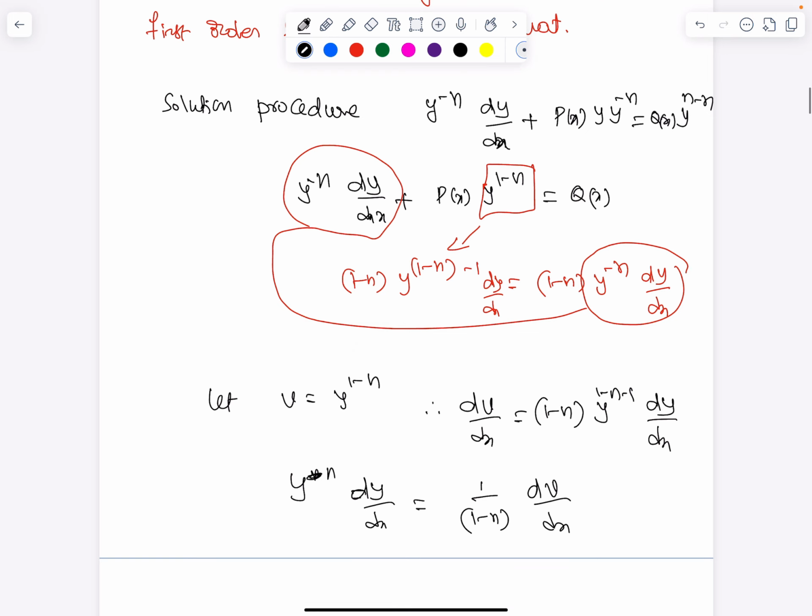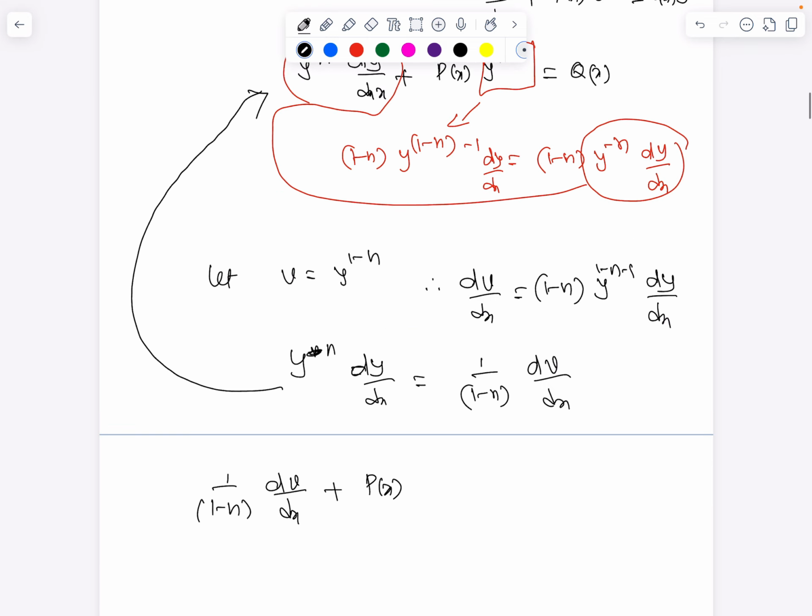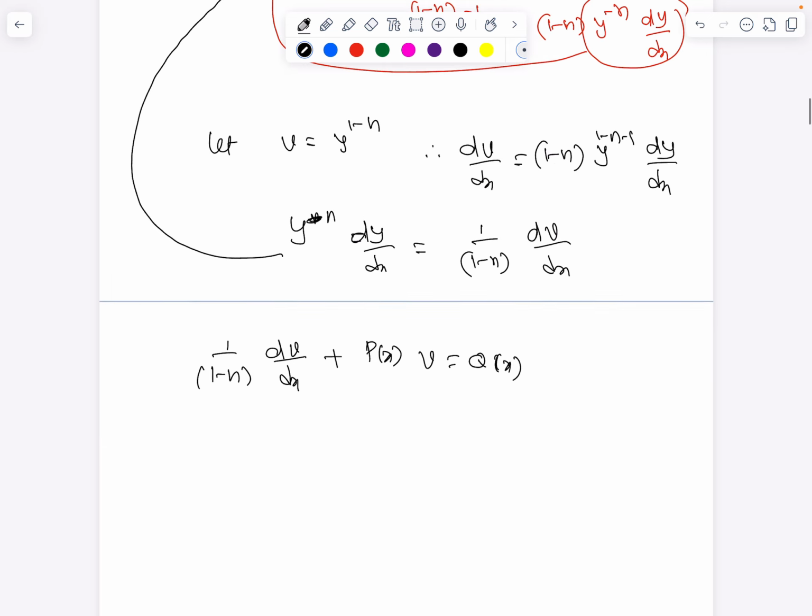Now you replace this term in the given differential equation with the new variable, that is, 1 by 1 minus n dv by dx plus p of x into y power 1 minus n, but y power 1 minus n is nothing but v, which is equal to q of x. This is your new equation, and you can further simplify by cross multiplication, or you can leave it just like that. It doesn't matter.